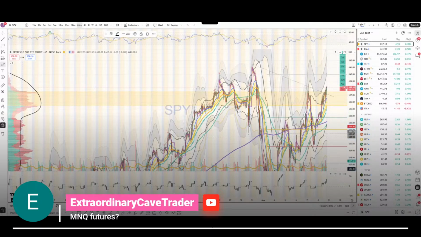This still is more like a B. There's just a big gap here that I wouldn't mind seeing fill out, so more shares traded at this zone here.